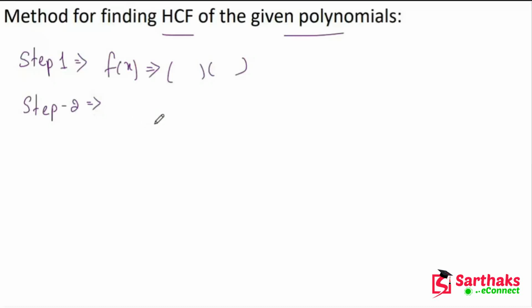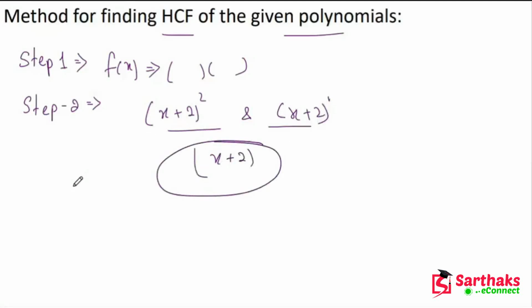Let's suppose we have the factors (x + 2) whole square, and we have a factor (x + 2). From these two, we will see only the least power. So what is the least power? This is the least power. So (x + 2) is the common factor. We will write like this.